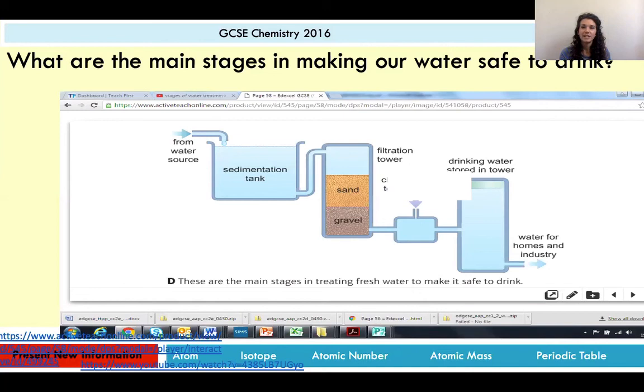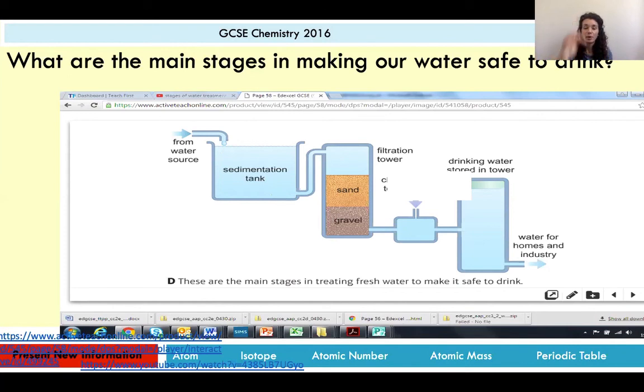So the stages in making our water safe to drink. If you can't remember this, I did a whole lesson on making safe drinking water, so you can go back into YouTube, look through the chemistry videos and find that. Remember, water from the source, so it could be from a lake or a river, is put into a big sedimentation tank where all the large solids float down to the bottom.